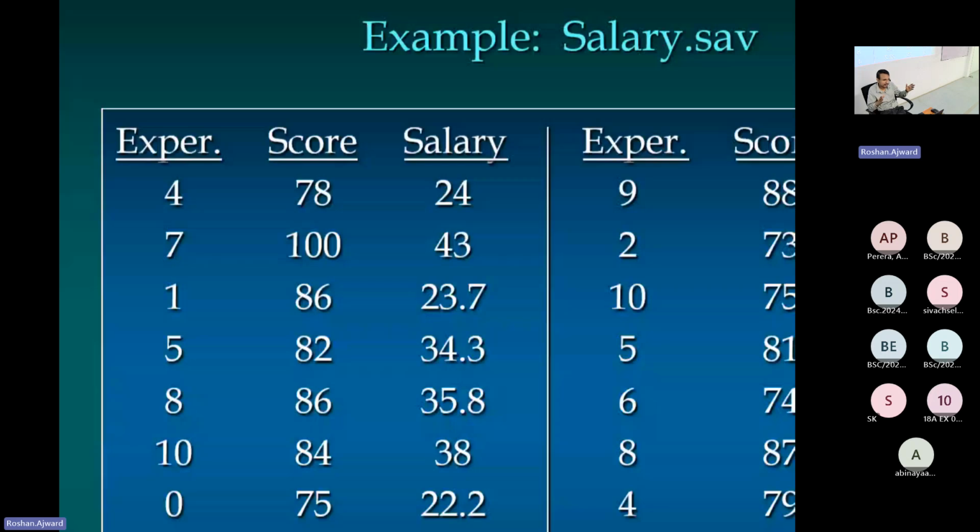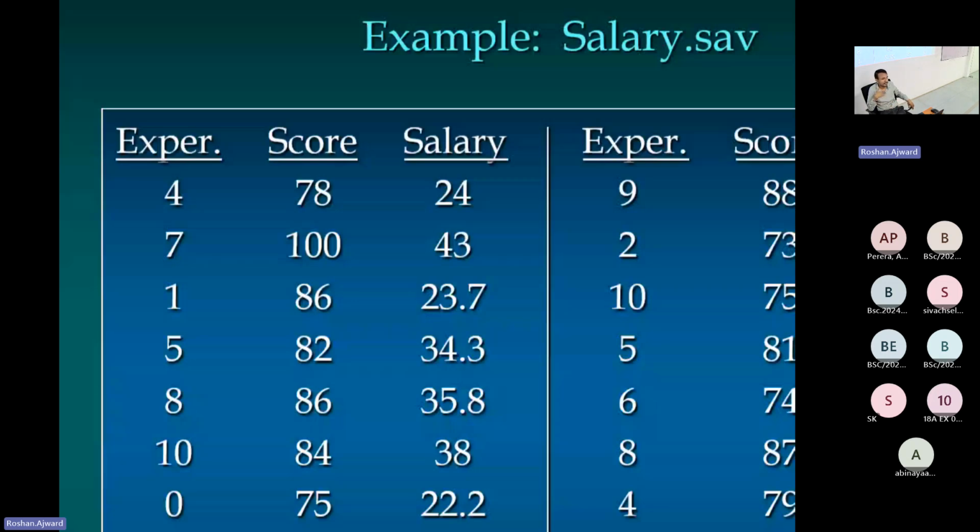So, in other words, the knowledge and experience predict the salary. Again, let me repeat what I told. Here you can see how many variables? 3 variables. Salary is there. Then the experience of a computer programmer is there. And the score means the marks that person got for the aptitude test. Right? Each of them did an aptitude test.